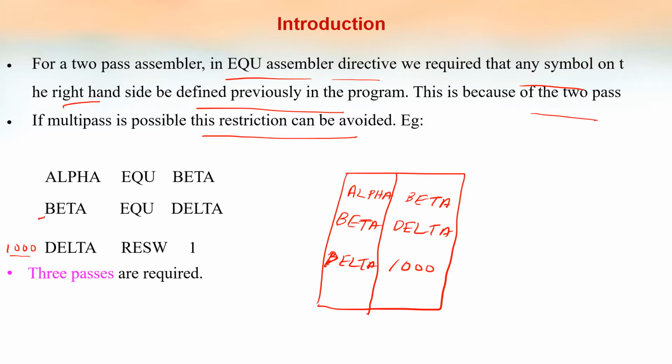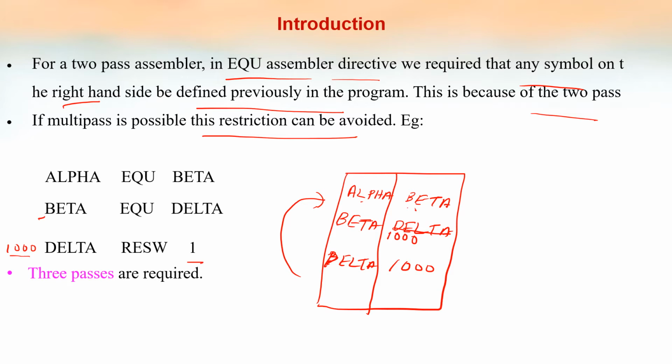So first pass is over. Again we have to do a second pass. In second pass, alpha EQU beta: beta's value is not obtained, so alpha's value is also not obtained. Then beta EQU delta: delta's value is now known, which is 1000. So in the second pass, beta's value we will obtain, which is 1000.